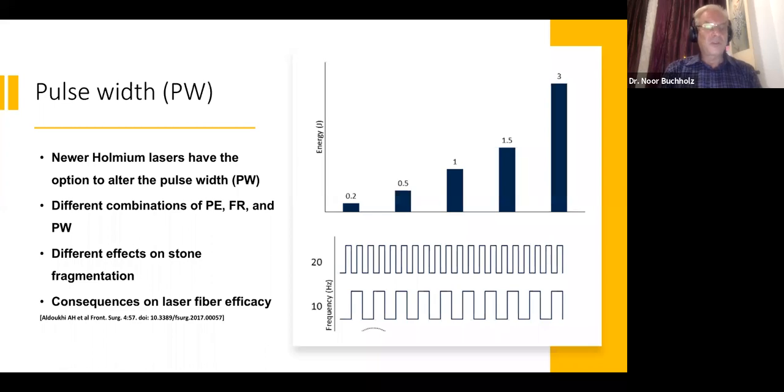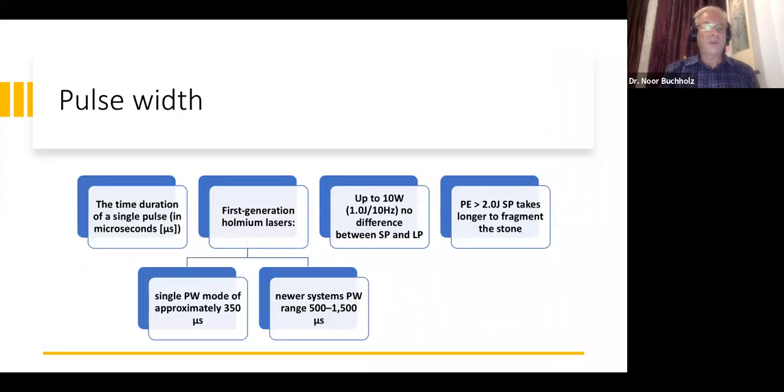And it has consequences on the efficacy of your laser fibers, as I will show later. Now, the pulse width is the time duration of a single pulse in microseconds. First generation holmium lasers had a fixed mode of about 350 microseconds per pulse. The newer systems have a range of pulses between 500 and 1,500 microseconds.